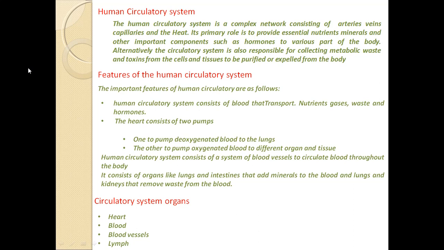The circulatory system is responsible for collecting the metabolic waste and toxins from the cells and tissues to be purified or expelled from the body, the dangerous and waste substances.